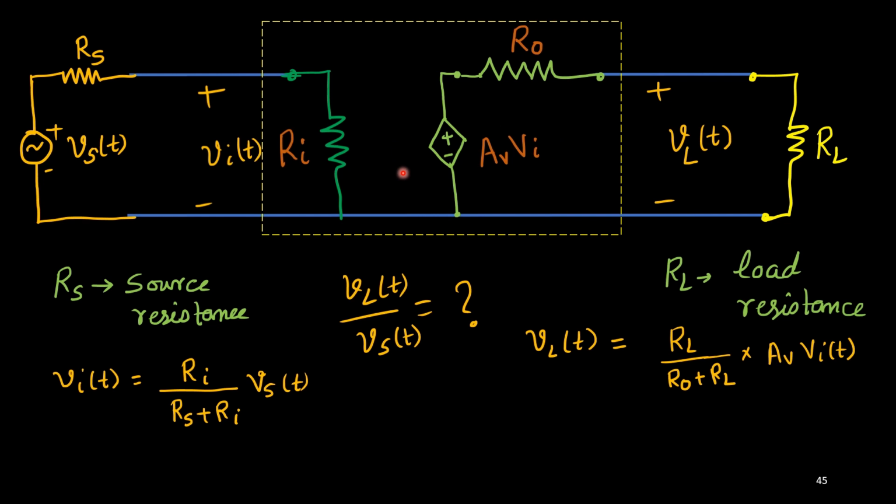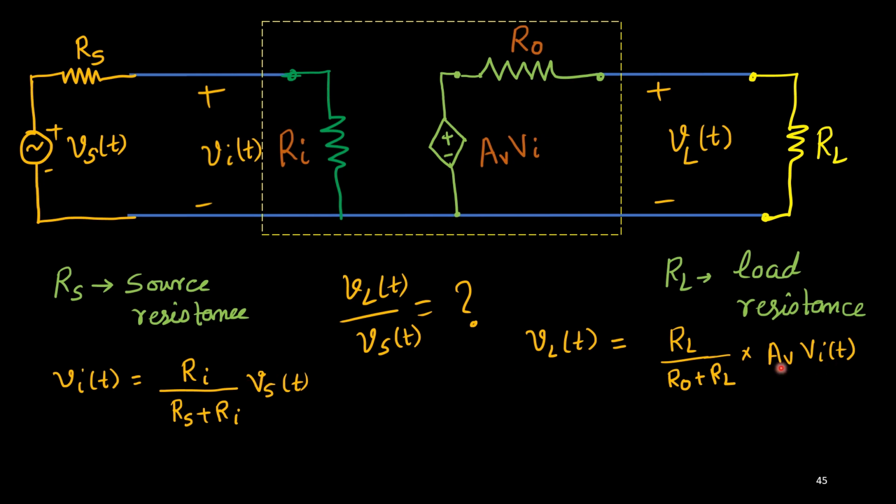This voltage level depends on Vi, but once Vi is known, this voltage is also constant, and then we can find the voltage across RL. Again we can use the potential divider circuit. So the potential across RL will be RL upon the total resistance R0 plus RL, times the supply voltage, which here is AV times Vi.